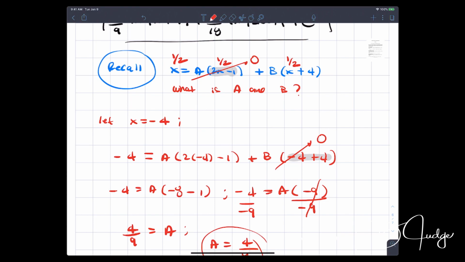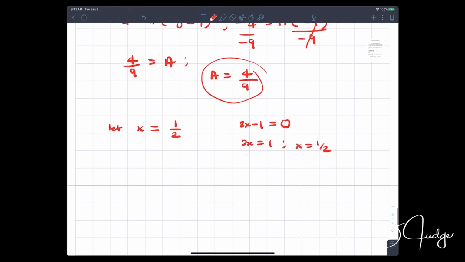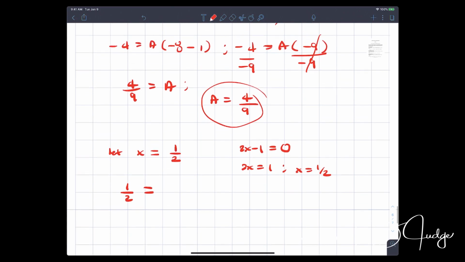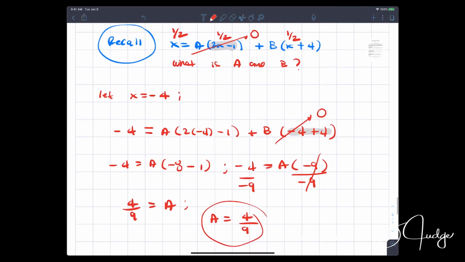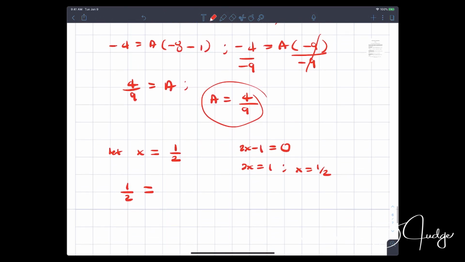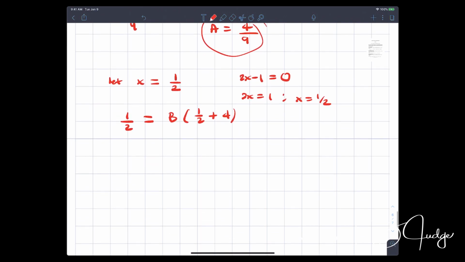So that now means when x is 1/2, notice what I get. 1/2 on the left side plus b times 1/2 plus 4. We can solve this equation. We can find b. So 1/2 now will be b.